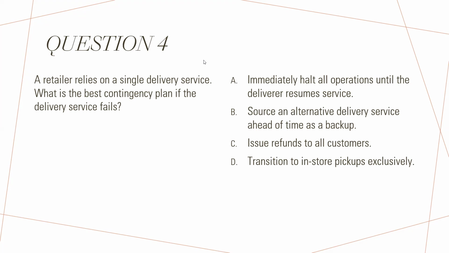The majority of the answers are about B, but I see that Carol answered that it should be D. So this question requires you to have a little experience in making a contingency plan. Contingency plan means, as I say, plan B. What could be the plan B for a single delivery service?